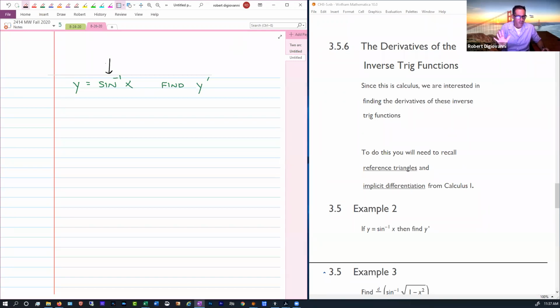So just follow me through on this. I'm going to essentially take sine of each side of the equation. So I'm going to take sine of the left side, and then I'm going to take sine of sine inverse of x. Now, there's no calculus there. That's just more of an algebraic move. So the left side becomes sine of y.